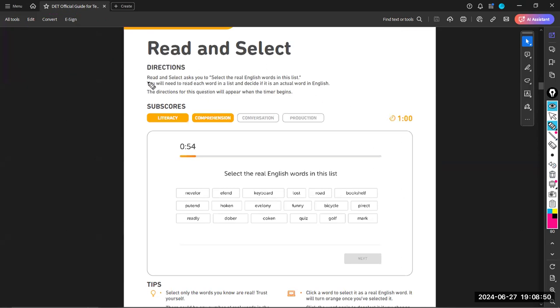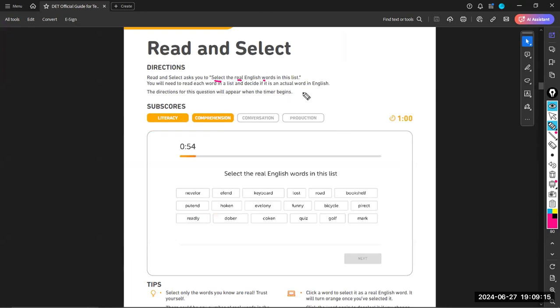The directions are saying, read and select asks you to select the real English words. To be honest with you, Malak, this module is 100% about vocabulary. The more vocabulary you know or practice, the better you will be in this module.